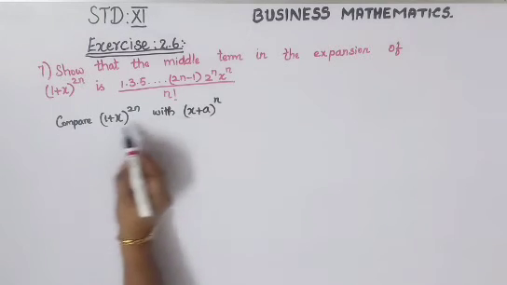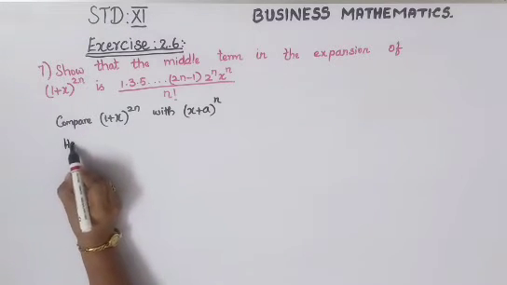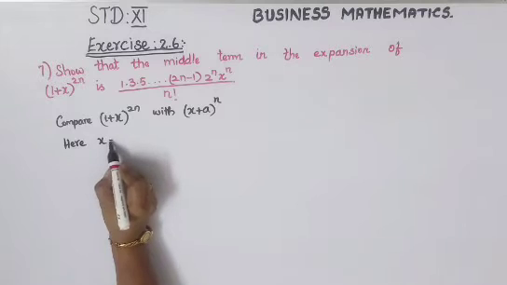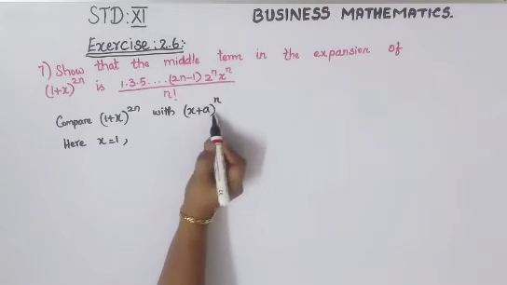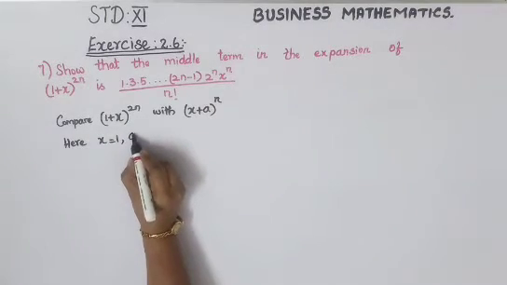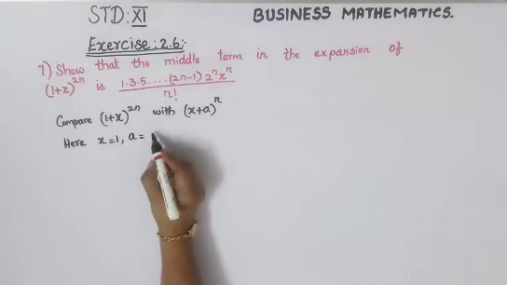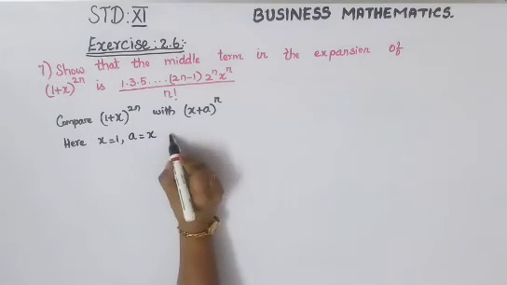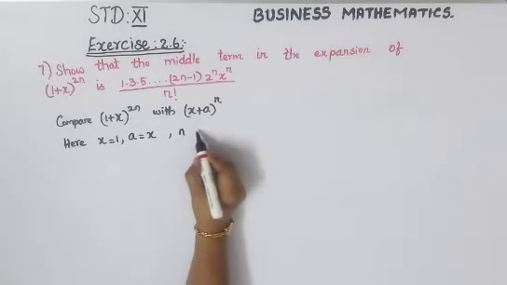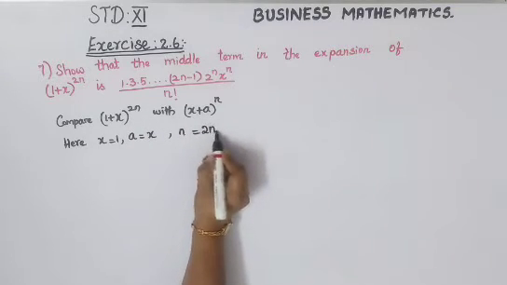So in the place of x we have got 1, so you can write here x is equal to 1. In the place of a you have got x, so a is equal to x, and in the place of n we have got 2n, so n is equal to 2n.